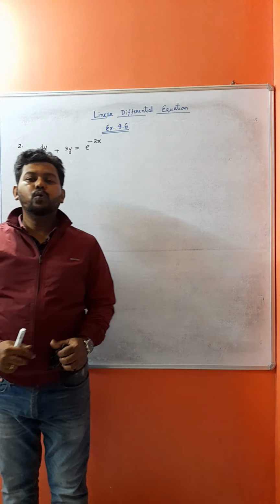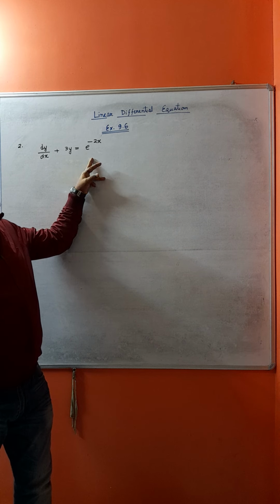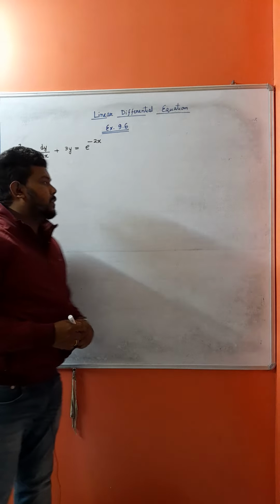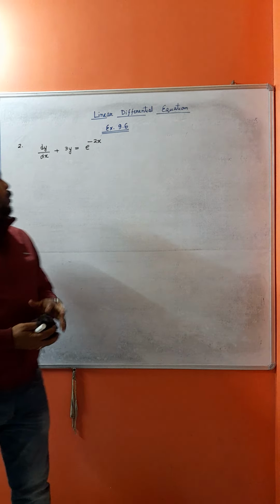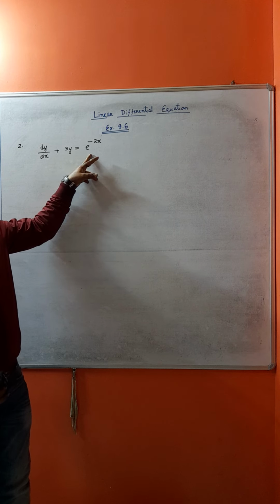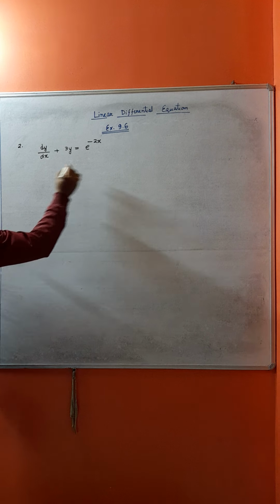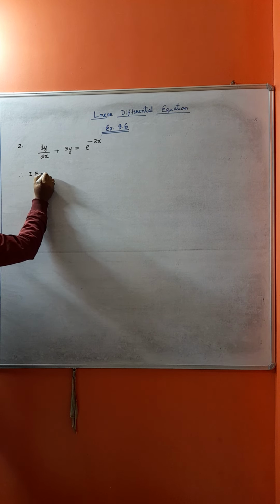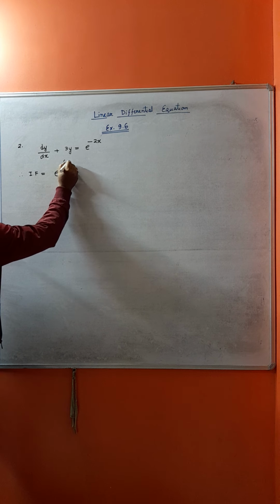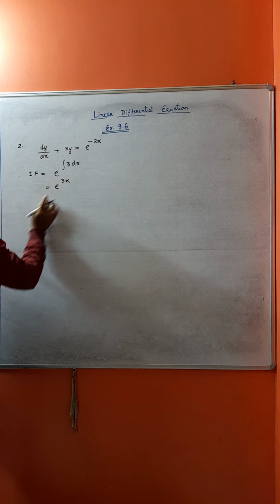Now question number 2. dy by dx plus 3y is equal to e to the power minus 2x. So here again identify the values of p and q. So p is equal to 3 and q is equal to e to the power minus 2x. So find out IF. Therefore IF is equal to e to the power integral of 3 dx, e to the power 3x.